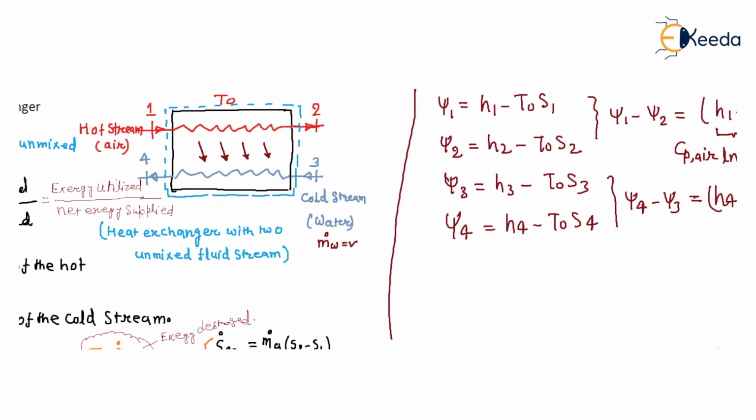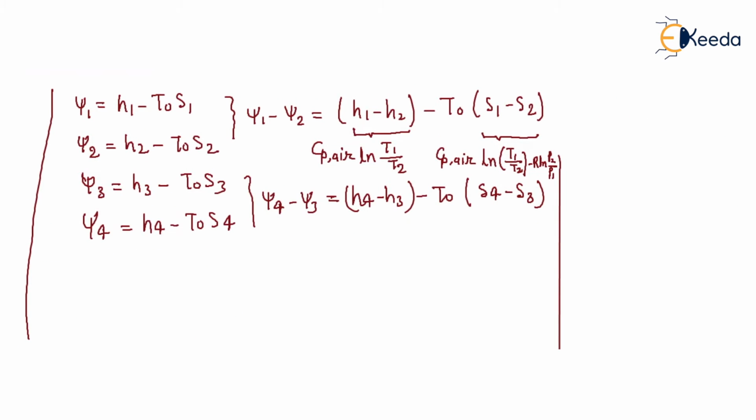For air, P2 by P1, it is the same pressure, so this is 0. Only this value you have to calculate, no problem.